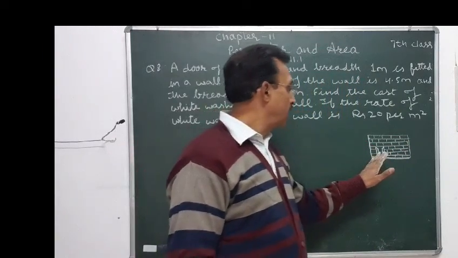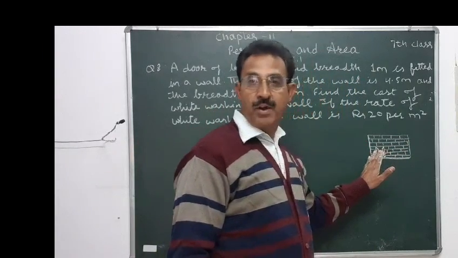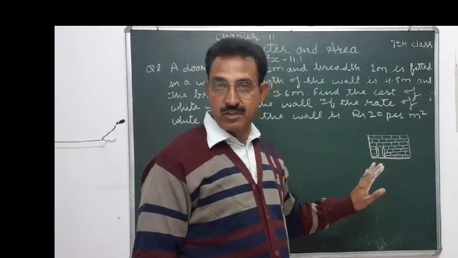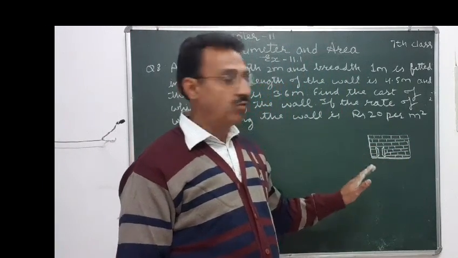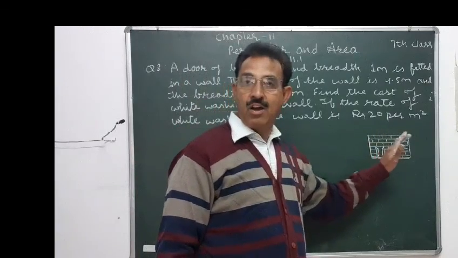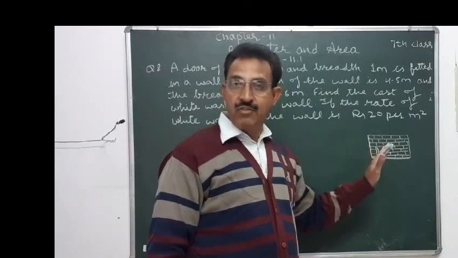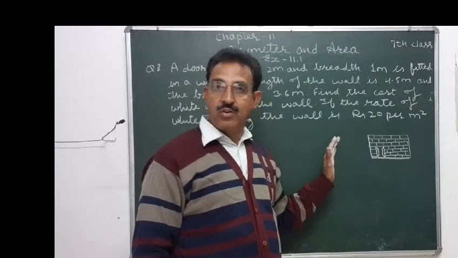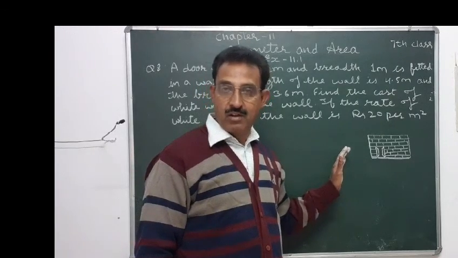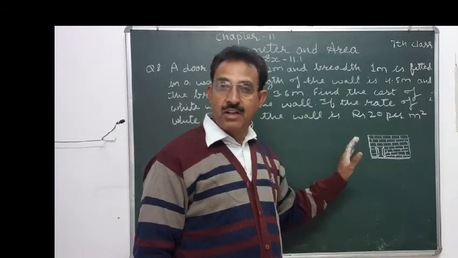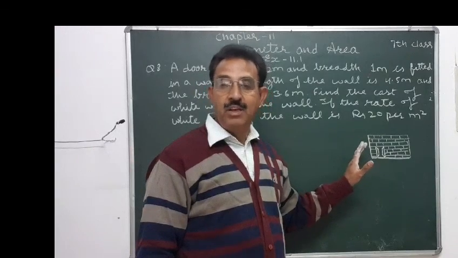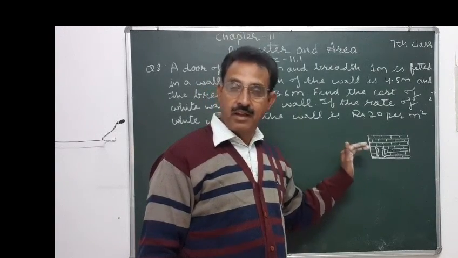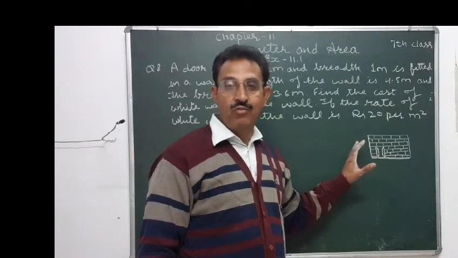But the region occupied by this door will not be whitewashed, right? So we'll first find out the area of the wall, and then the area of our door. We'll subtract the area of the door from the area of the wall. Then that area will be whitewashed, and we have to find out the cost of the area which is to be whitewashed.